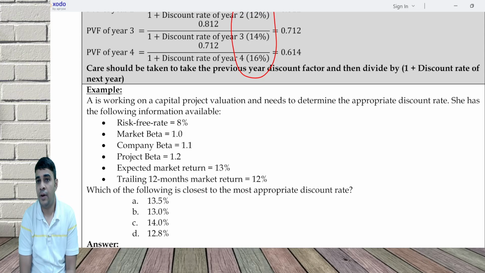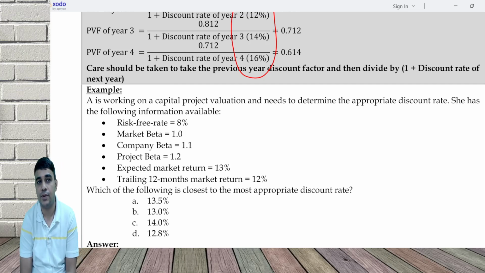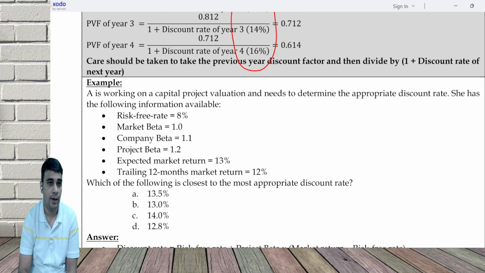RF plus beta into RM minus RF. What is RF? Okay, beta. I'm least bothered about the company beta. I'm only bothered about the project beta. 1.2. RM. I'm least bothered about what happened in the past 12 months. I'm only bothered about what is going to be in future. Clear? Any doubts on this?